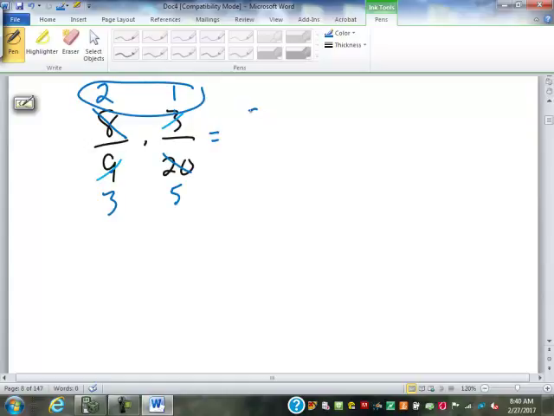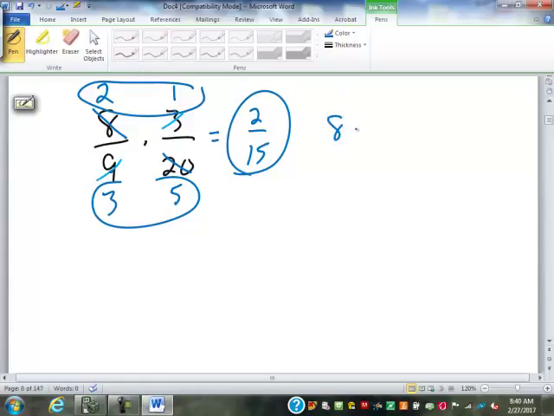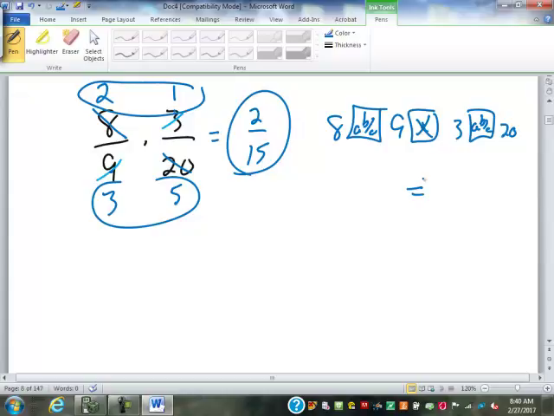So 2 times 1 is 2. 3 times 5 is 15. 2/15. Now again, you could have entered that in your calculator. 8 ABC 9 times 3 ABC 20. Hit equals, and it will spit out that 2/15.